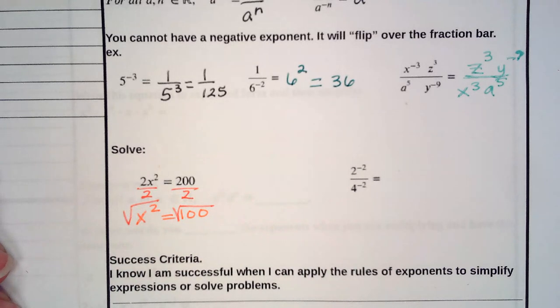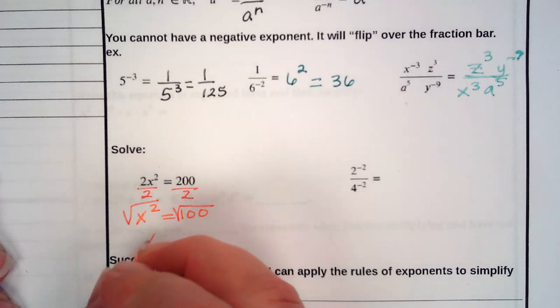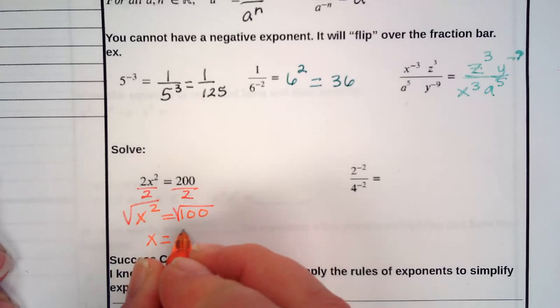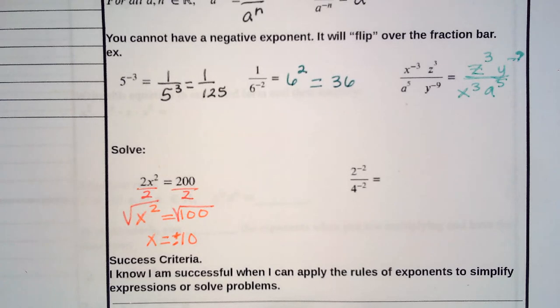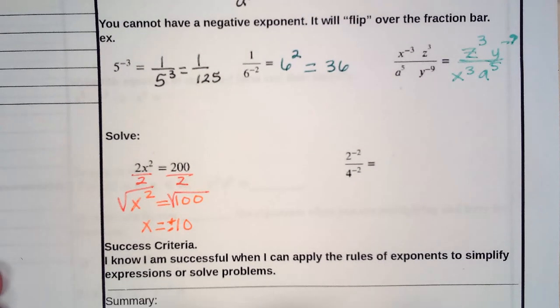So x is equal to the square root of 100, which is 10, and that would be a positive or negative 10. You've got two square roots. You always have that, the positive, which is our primary, and then you also have the negative, which is our secondary.